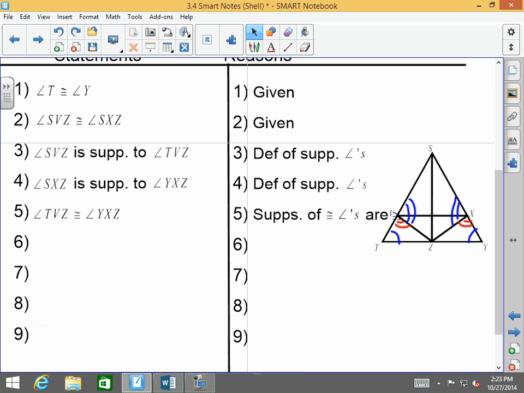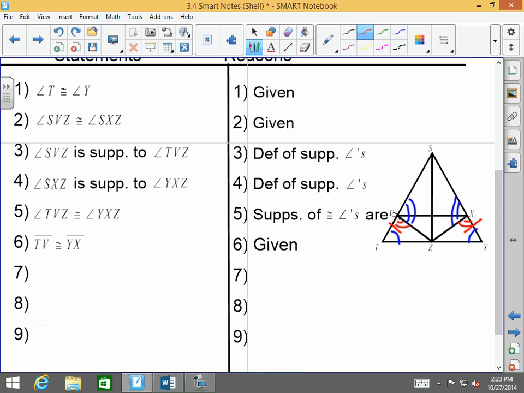But then they tell us that TV is congruent to YX. So that means this guy is congruent to this guy. So now what can I tell about triangle TVZ and triangle YXZ? Look at the markings, guys. They are congruent.